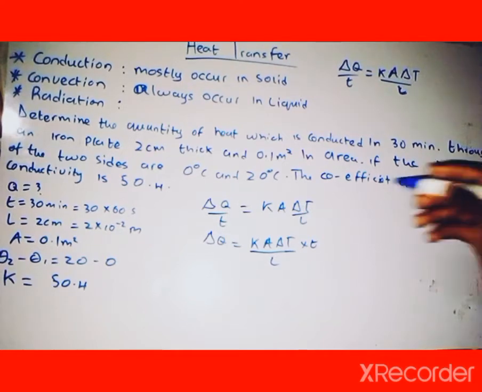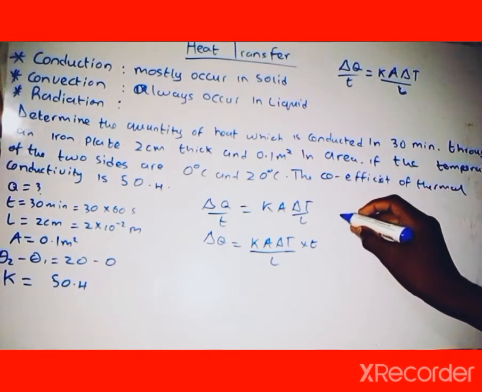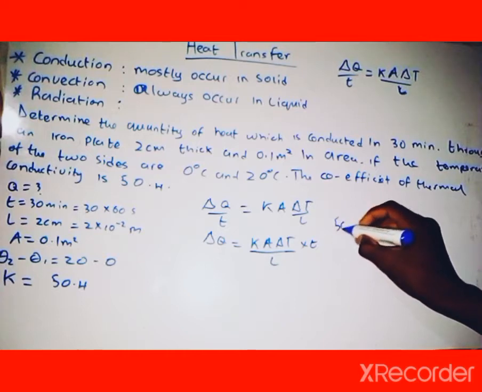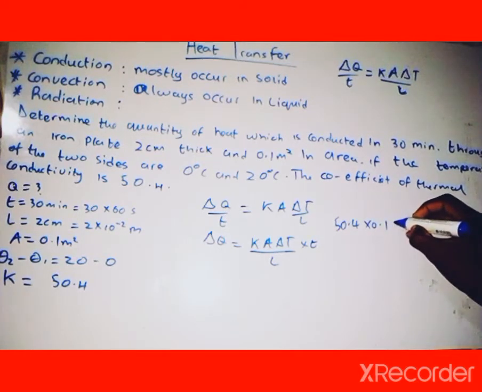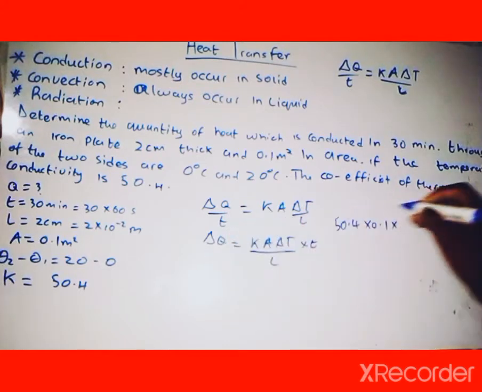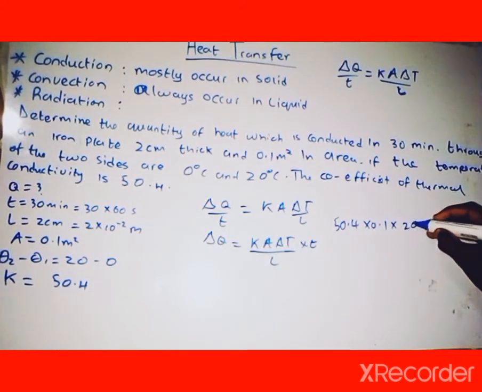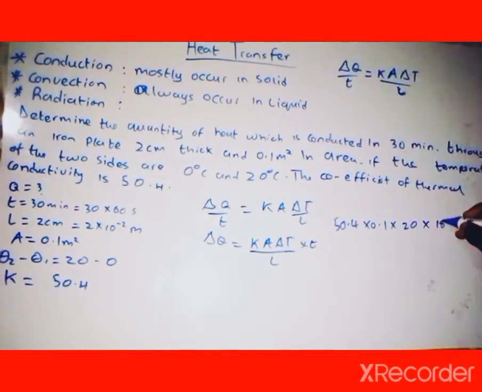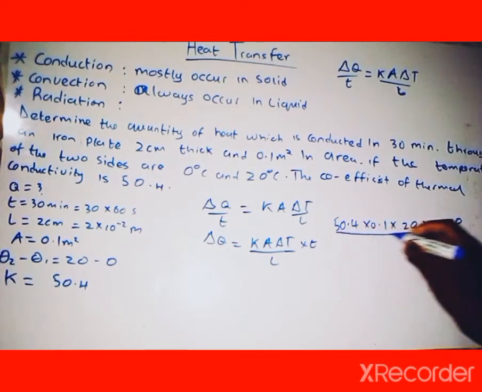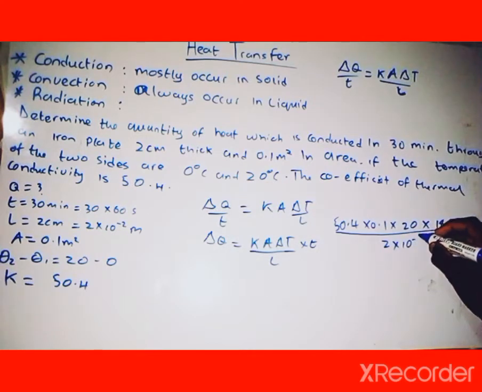Now our K is 50.4, times our area, 0.1. Our change in T is 20. Our time is 30 times 60, that's 1800 seconds, all over the thickness, 2 times 10 raised to power minus 2.